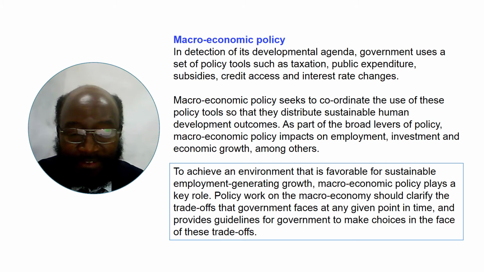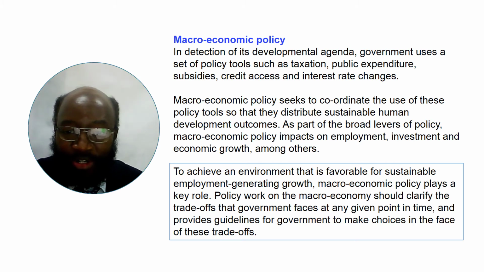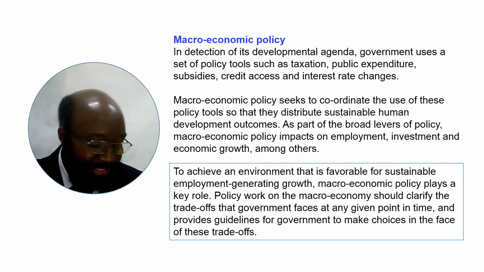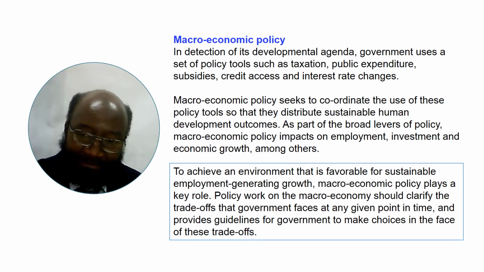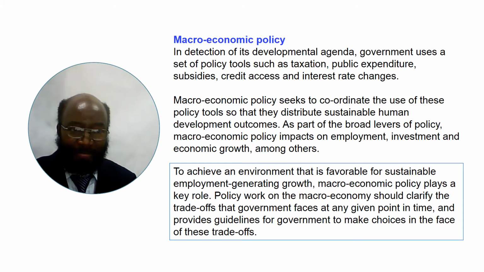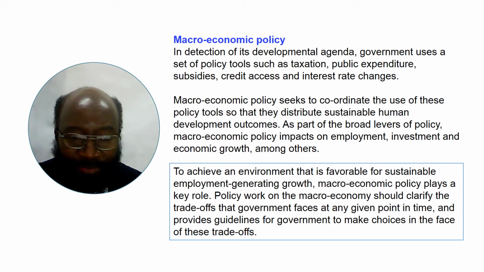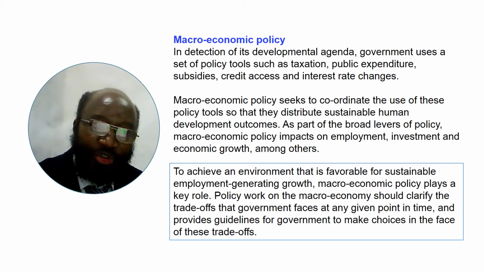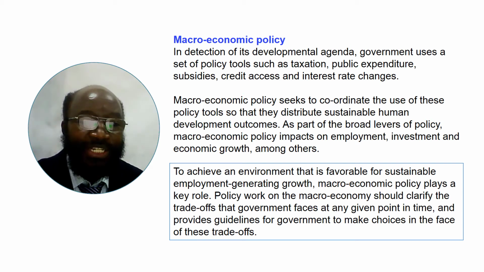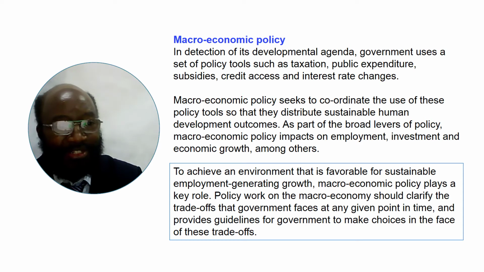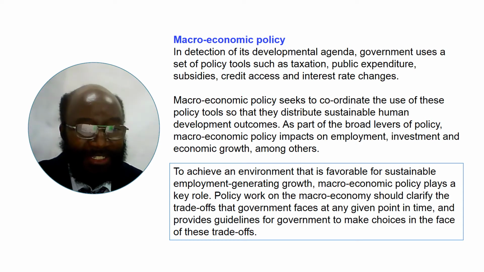Apart from the broad level of policy, macroeconomic policy impacts on employment, investment, and economic growth, and so on and so on. Okay? For us now, we must only take note, we have some policy we call macroeconomic policy. It concerns a second branch of economics.